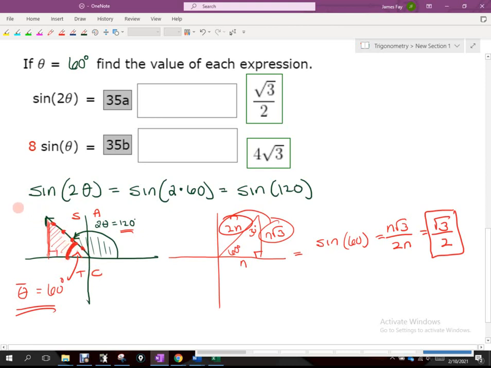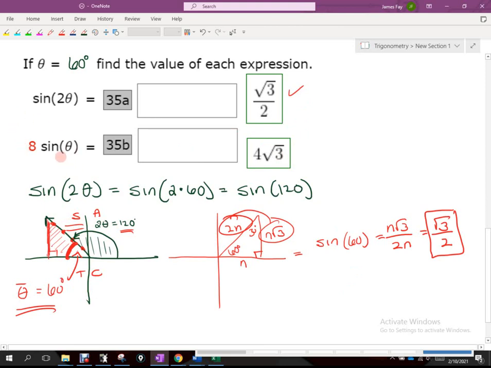The terminating ray is always r, and that's always positive. Any y value in the second quadrant is positive as well. So whenever you're in the first or second quadrant, your y value or your sine is always going to be positive. So that's why we get this radical 3 over 2.